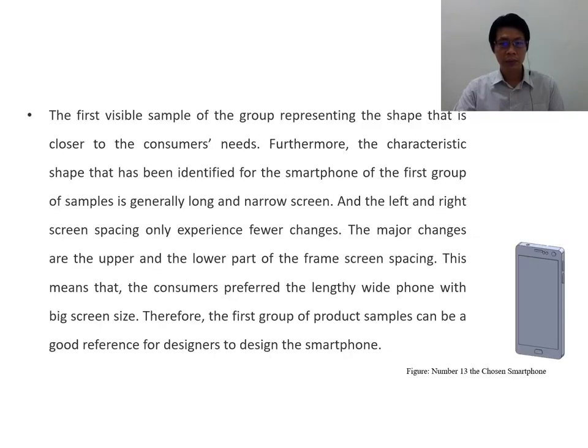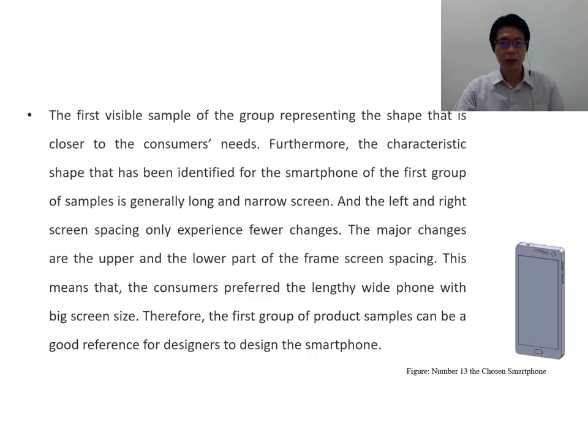The first fitting sample of the group represents the shape that is close to the consumer's needs. Furthermore, the classic shape that has been identified for the smartphone of the first group of the sample is generally a long and narrow screen, and the left and the right screen spacing only experience fewer changes.